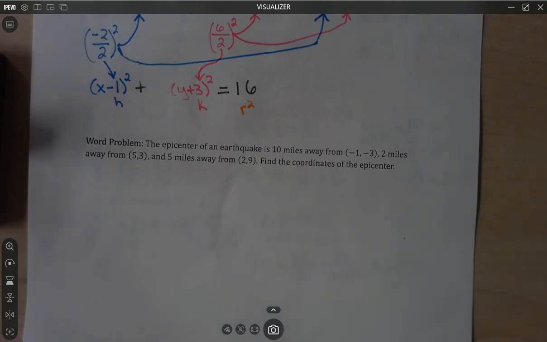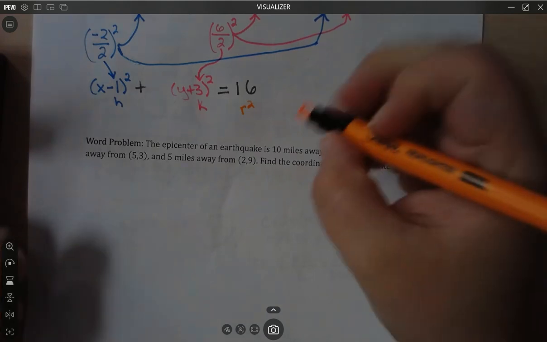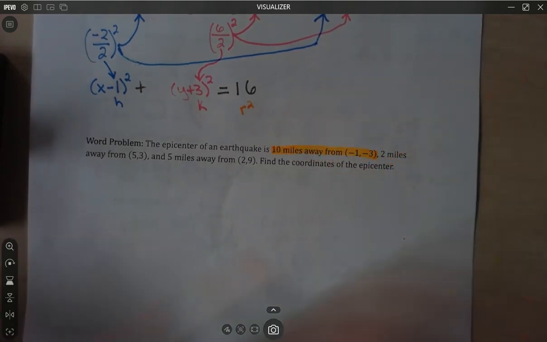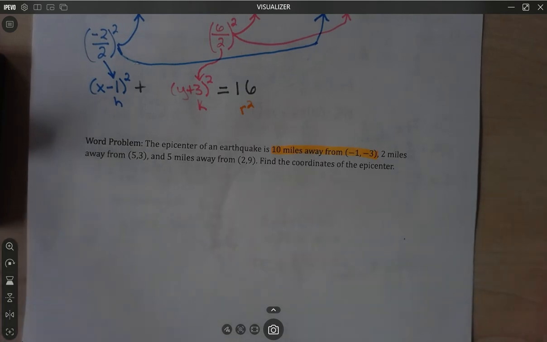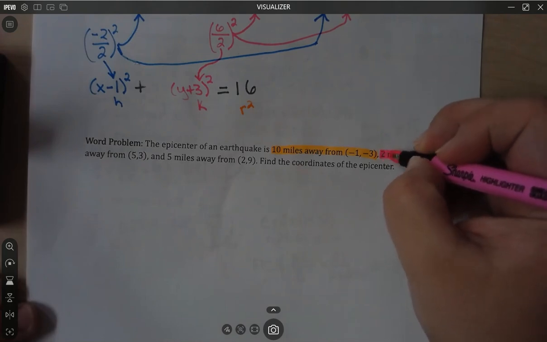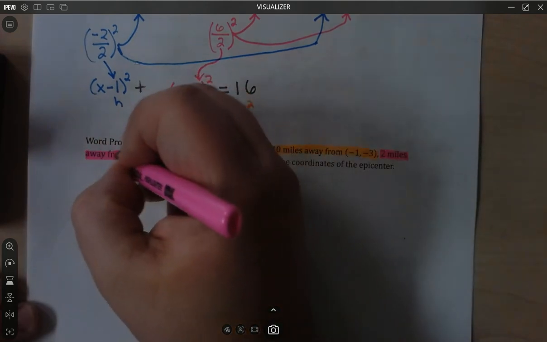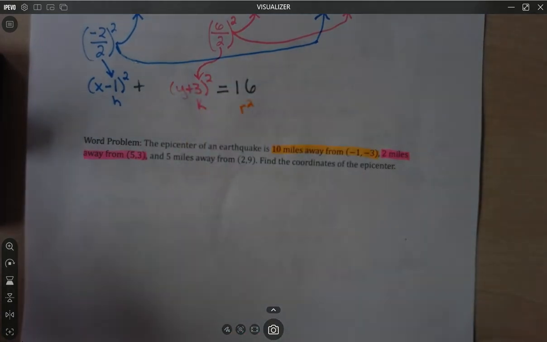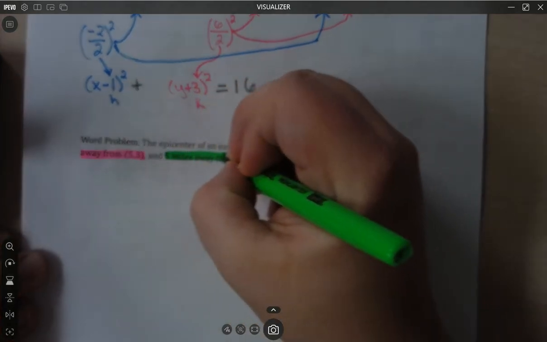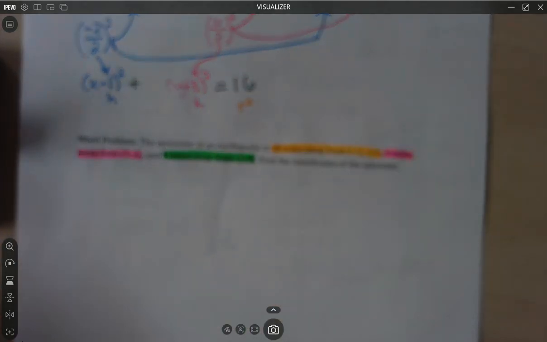If I have one earthquake 10 miles from -1, -3, and then I have the same earthquake, but I record it 2 miles away from 5, -3, and then I record that earthquake again 5 miles from 2, -9.